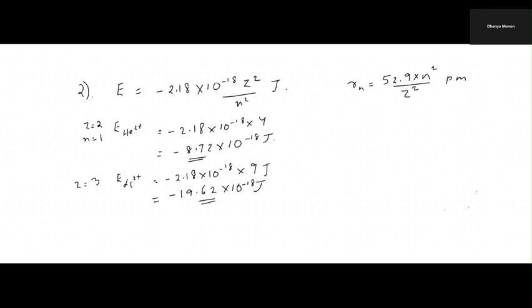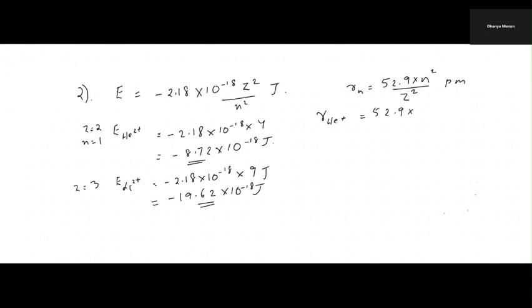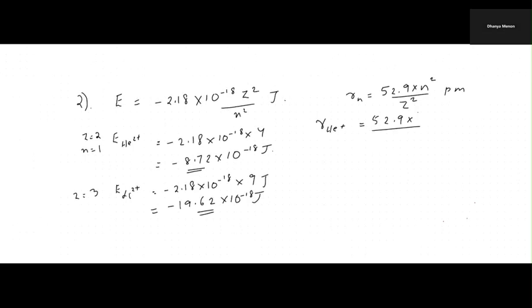And for radius of helium ion, you're getting 52.9 times 1 square is 1, by Z square, Z is 2 for helium, which comes to 26.45 pm.